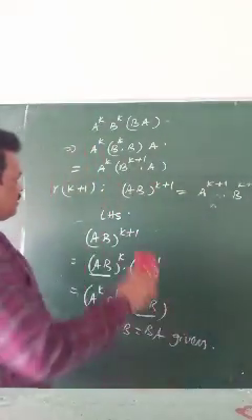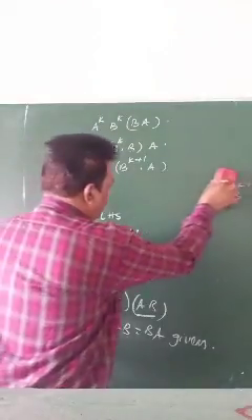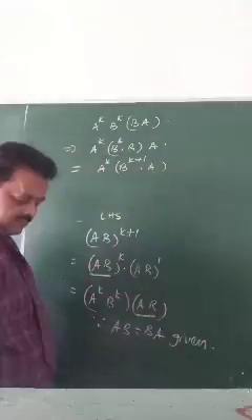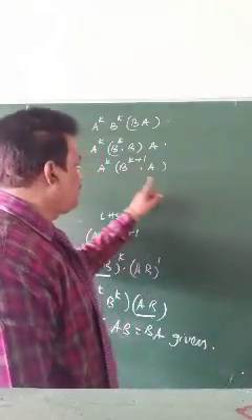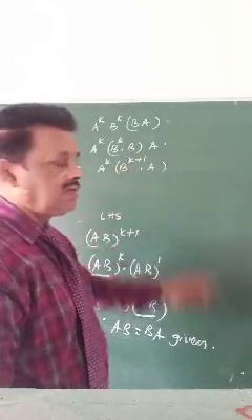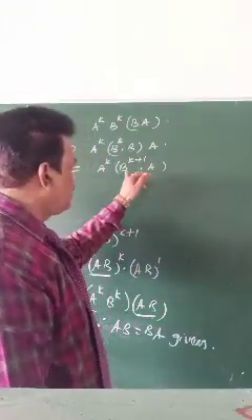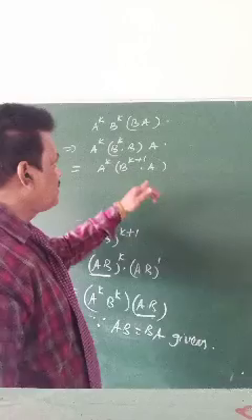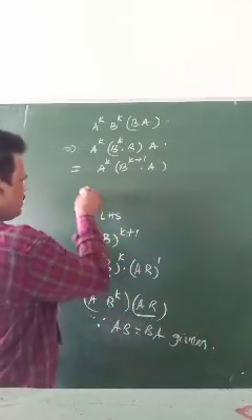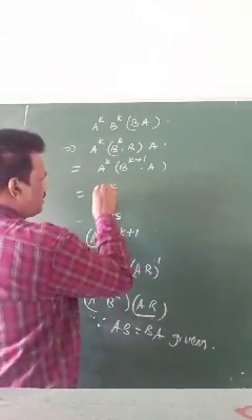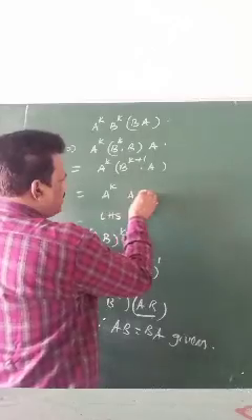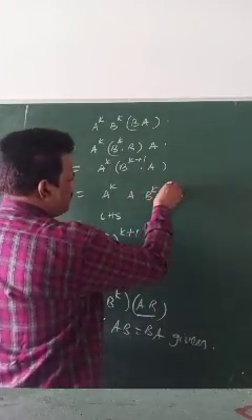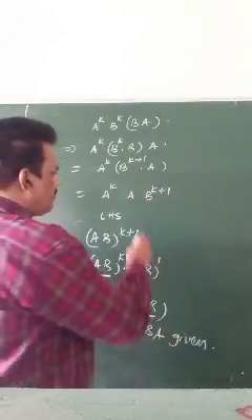Actually, there is one theorem related to this which is missing here. Previously there is also a theorem related to this. So what simply you can write here is A^k, reverse it, (AB)^(k+1).